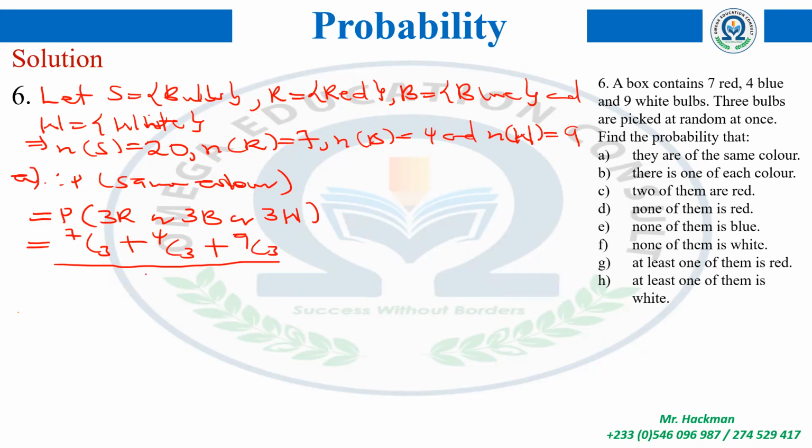Okay, so we are going to get what? What combination? 20 combination what? Combination 3. Okay, so if you look at this, because the probability that you are looking at involves all the colors, when you sum, your N will be the same as this N. In this case, because you are not multiplying, this will be the same as this.